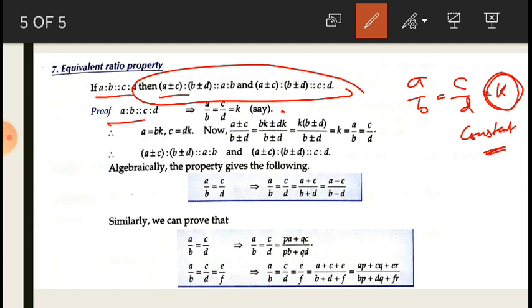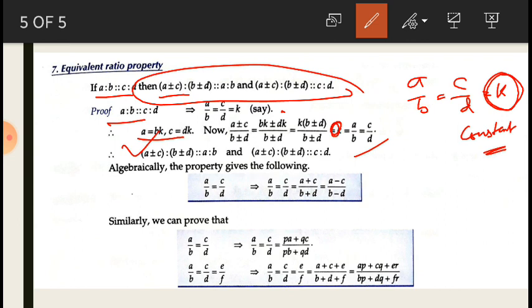Whenever you take this k, you can conclude that a equal to bk and c equal to dk. Now if we put the values of a and c, we will see that the constant term arises, so a plus minus c divided by b plus minus d is equal to a by b, equal to c by d.